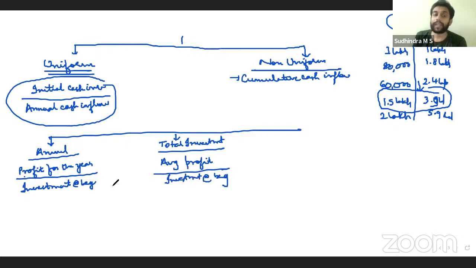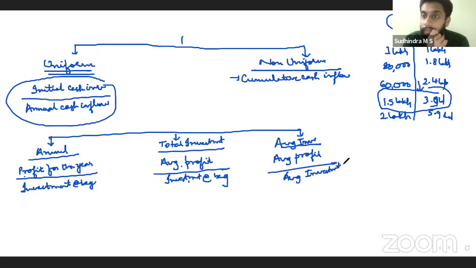Here the denominator remains the same; the numerator changes. From profit for the year, it changes to average profit. Whereas in case of average investment basis, the numerator remains the same, average profits, and the denominator changes to average investment. Are we clear with this? Yes, sir.